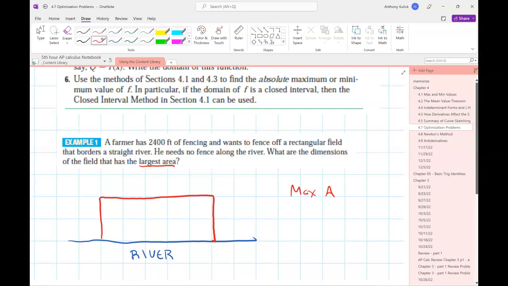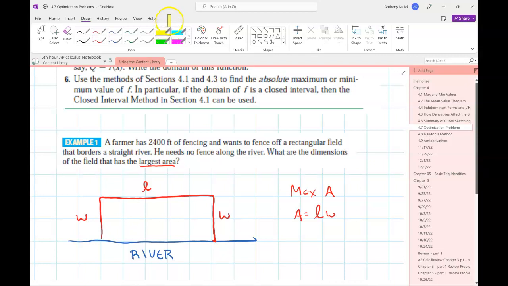Rectangle. So what's the formula for the area of a rectangle? This is something I would expect that you memorized. Length times width. So let's label our drawing. I'm going to label widths and lengths on there. Everybody feel good about that?